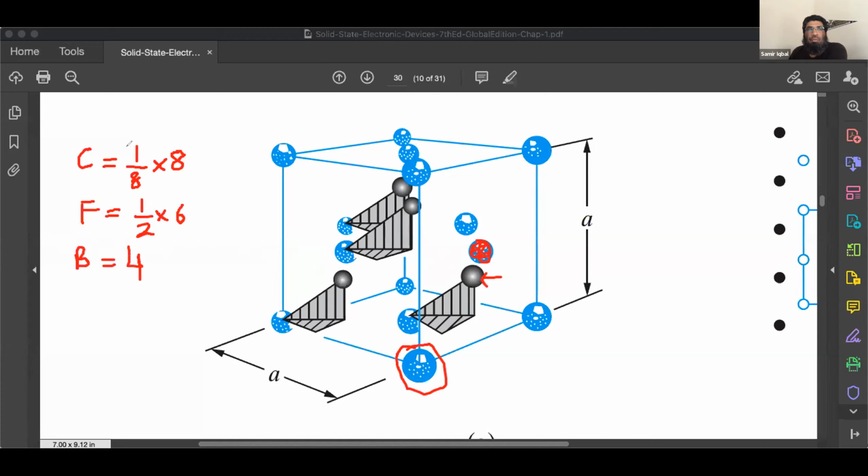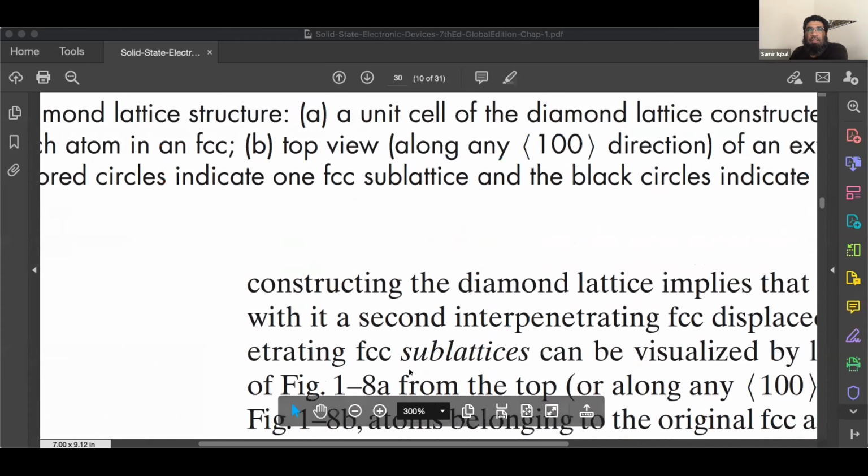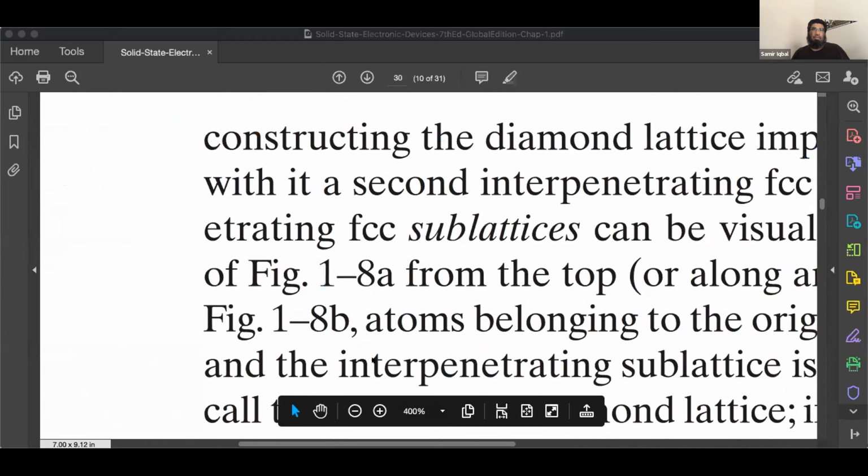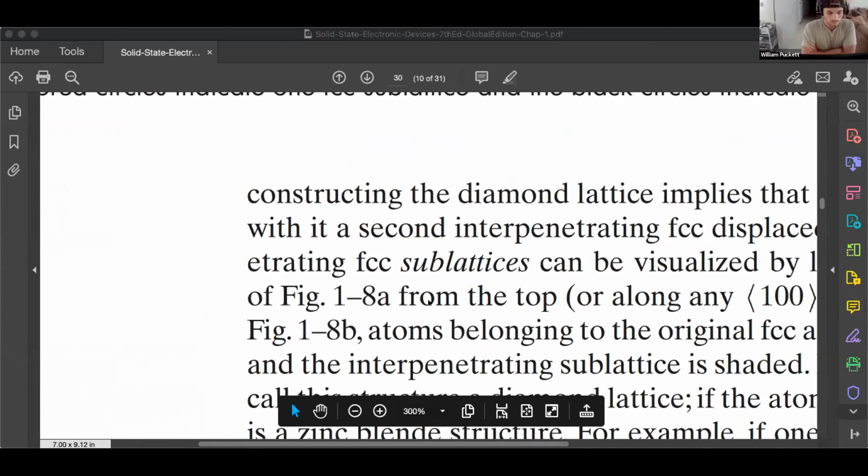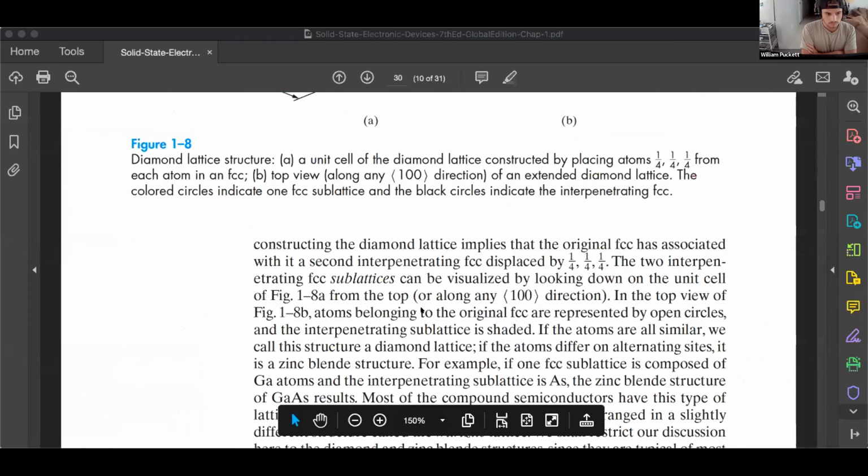So what's the total number of atoms inside the cube? This is 1, this is 3. 4 plus 3 plus 1, 8 of them, right? So that's exactly what we are doing here. We calculated the total number of atoms and divided by the volume.